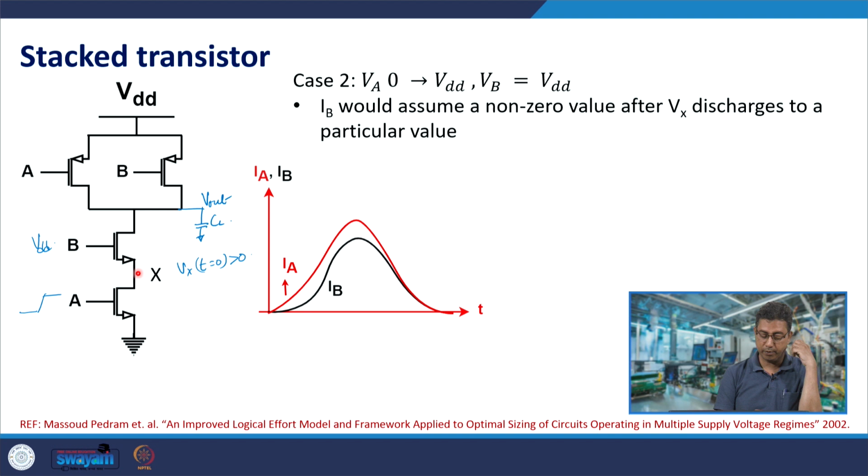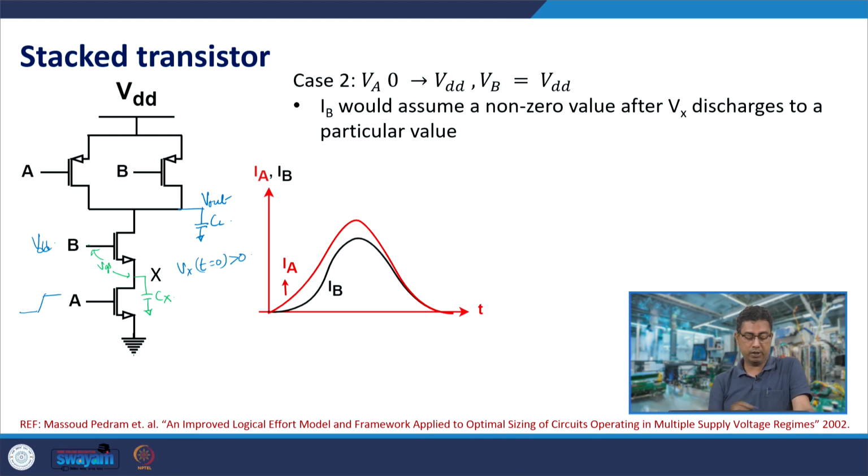So, this is a capacitance connected to the output node through transistor B. So, it would get charged, and this parasitic capacitance node Cx would get charged initially, and it would assume a value which reduces the VGS of transistor B to a value which ensures a very small current, almost 0 current through transistor B.